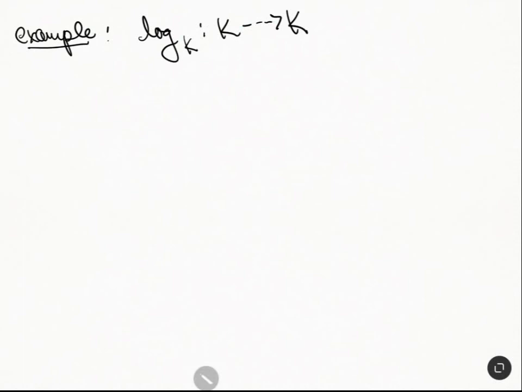So let's do some examples. The primary example is going to be, say, log. So this is a partially defined map, the p-adic logarithm. And so the domain of log K is O_K cross.